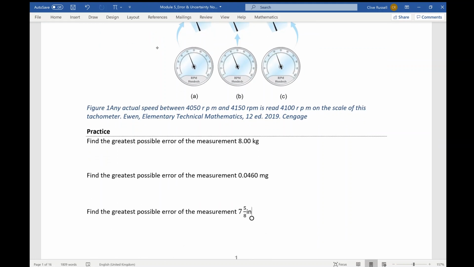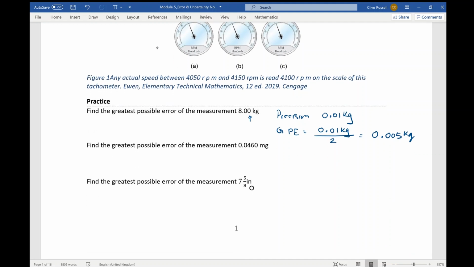Based on what we just did, the precision is in the hundredths place, so it's going to be 0.01 kilogram. Therefore the greatest possible error is half of the precision, so you divide by 2, and you get 0.005 kilograms.